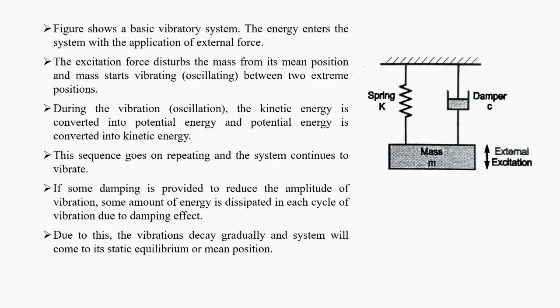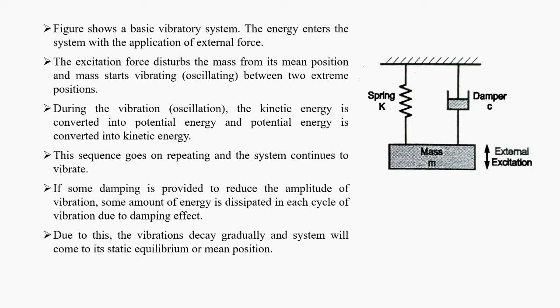So this conversion of energy keeps on repeating and the system continues to vibrate. If no damping is provided, then this vibration continues infinitely. Now if some damping is provided, then the amplitude of vibration gradually decreases as the energy is dissipated in each cycle of vibration, and finally the system comes to rest at mean equilibrium position.